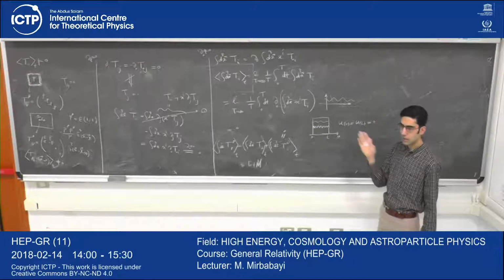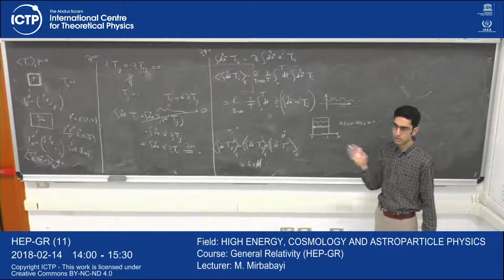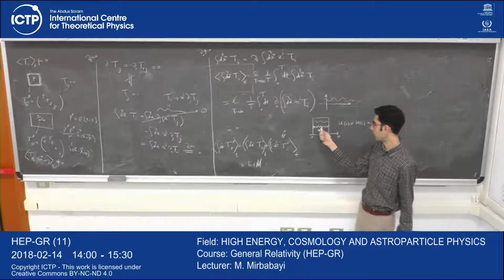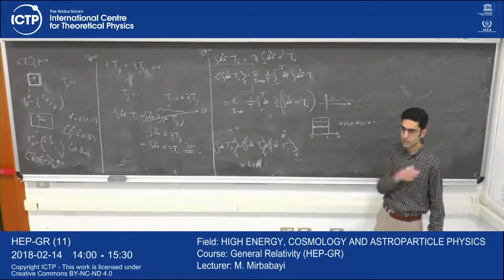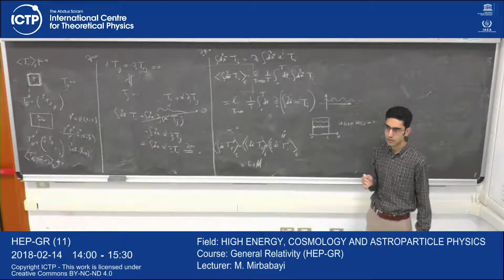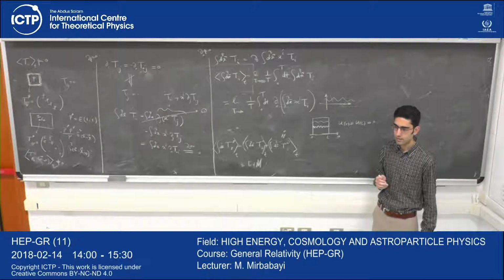But it doesn't mean that you cannot have oscillating solutions, the standing wave solutions in here. I can deform this spring or string so that it goes back and forth. But what is the value?